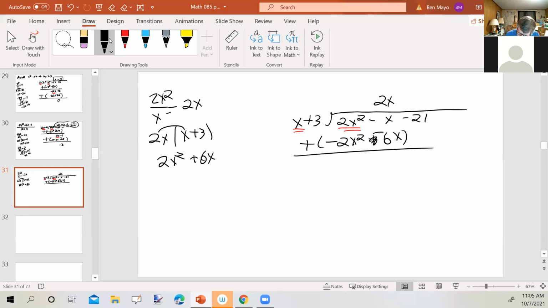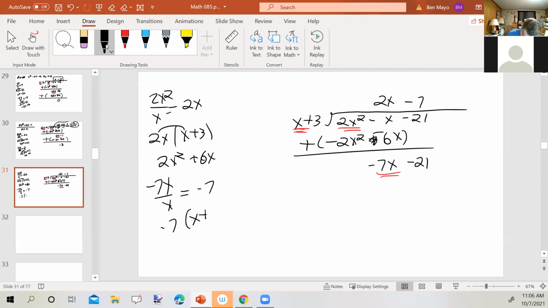Negative x plus negative 6x is negative 7x minus 21. So we'll start all over. Leading term inside divided by leading term outside. Negative 7x divided by x is negative 7. So we put minus 7 up there.